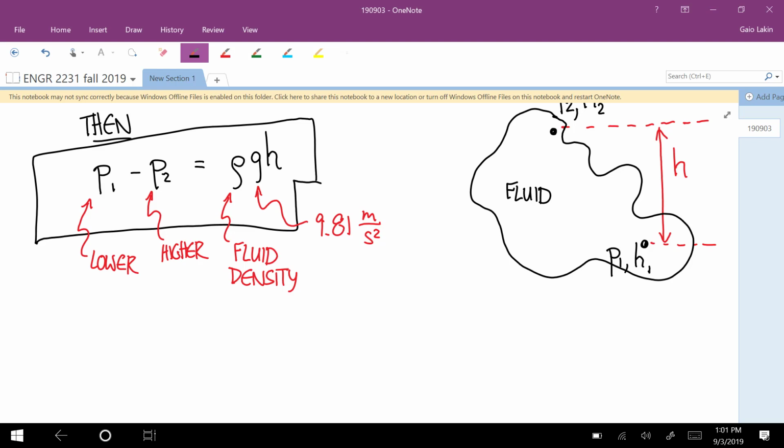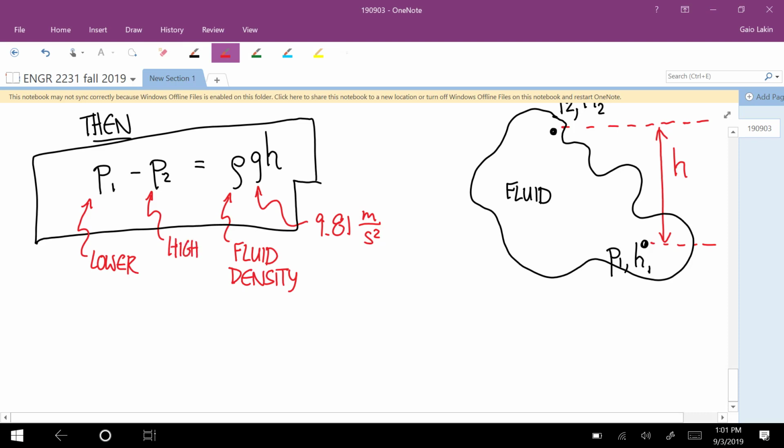No, it's positive. So the 1 is the lower. In that picture, it's always set up so that the lower pressure. Yes, thank you, these should be switched. Oh, okay, I get it now.